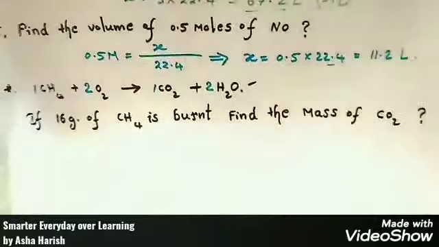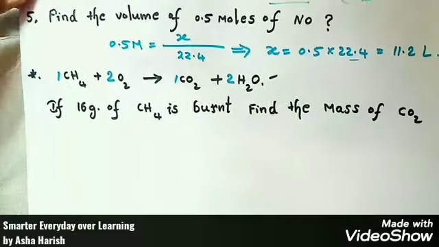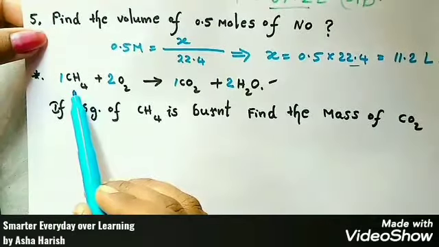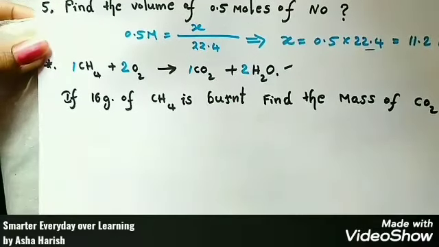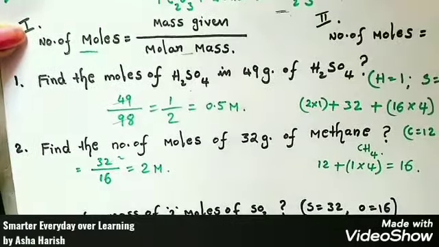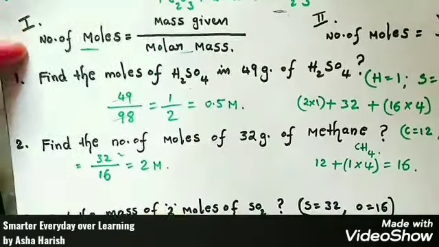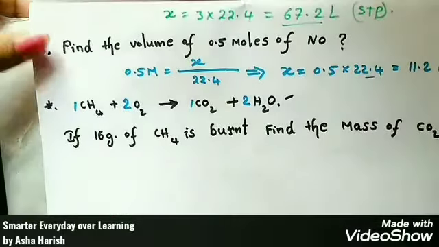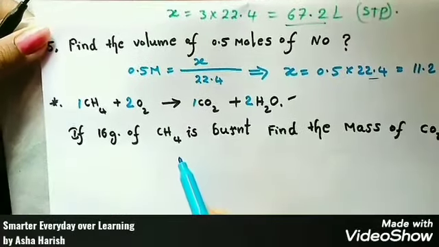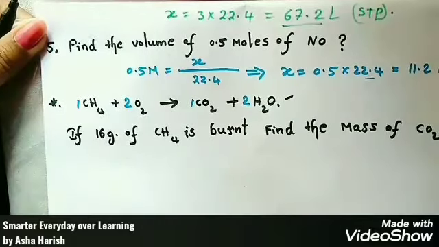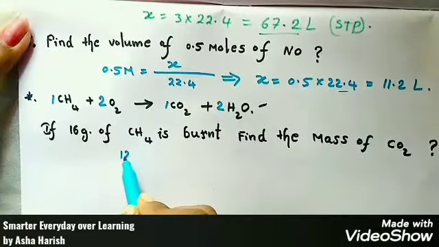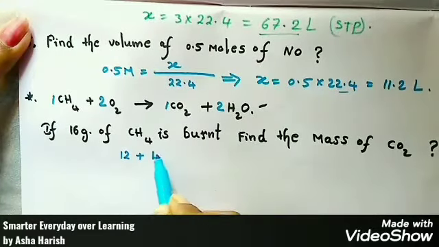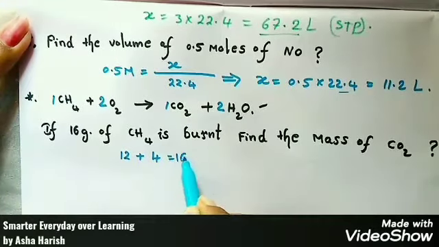So we can go through the solution for this. If 16 grams are present here, what will be the number of moles? For this, you have to use the formula: number of moles is equal to mass given by molar mass. For methane, the molecular mass: carbon 12 plus 4, because 4 hydrogens are here, then 16.